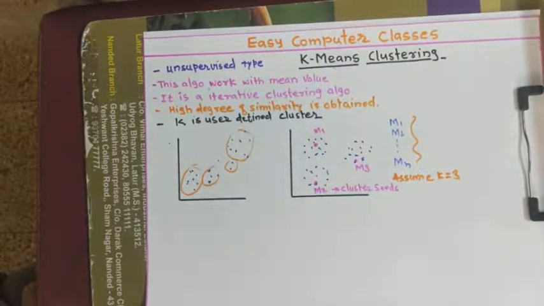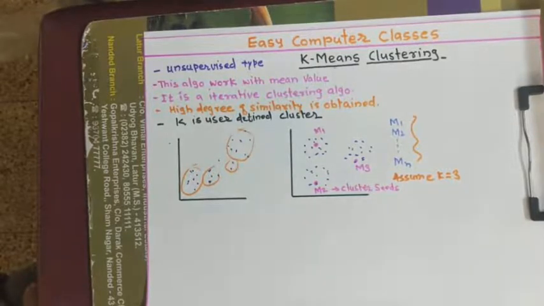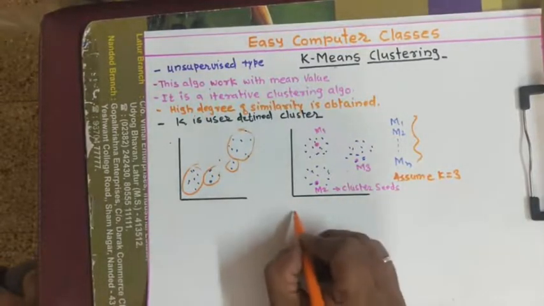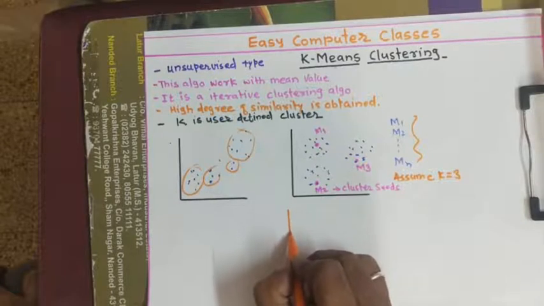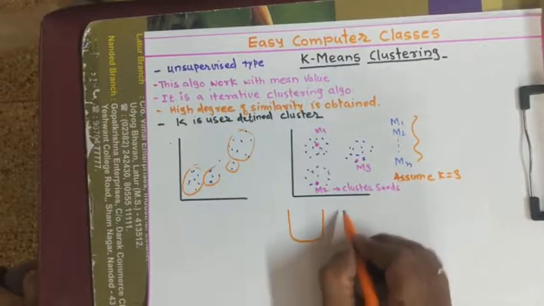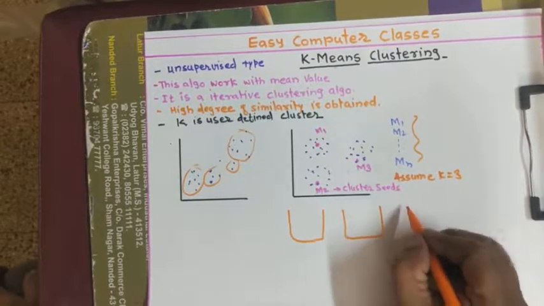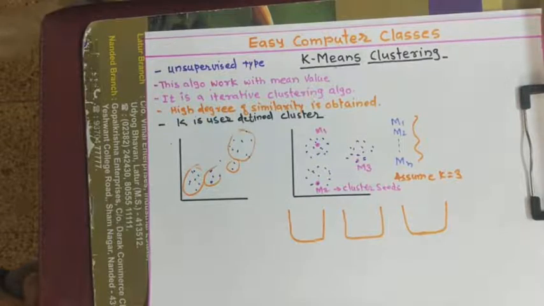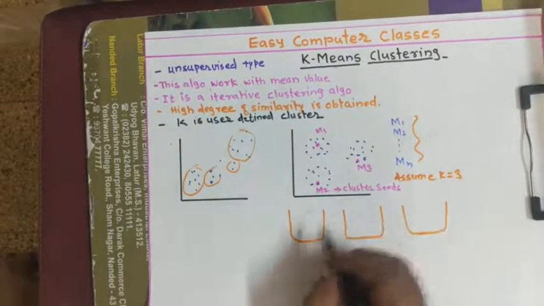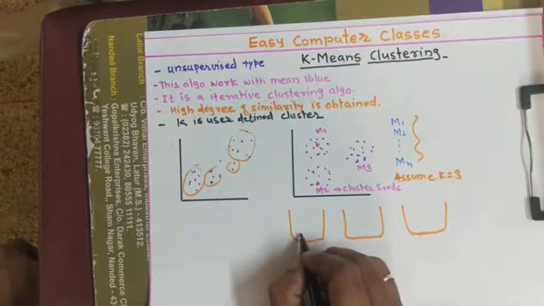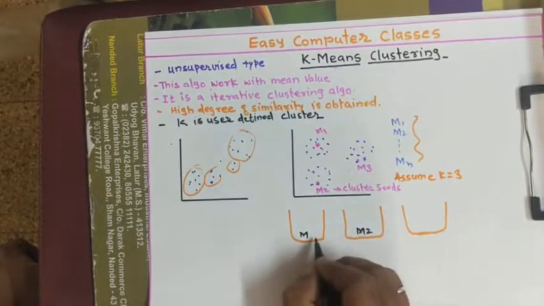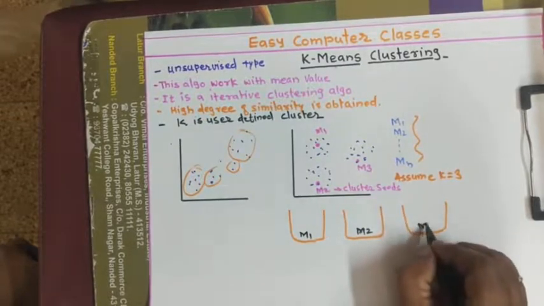Now these 3 cluster seeds are nothing but the 3 beans, like this. In the 3 beans we place these cluster seeds: M1, M2 and M3.